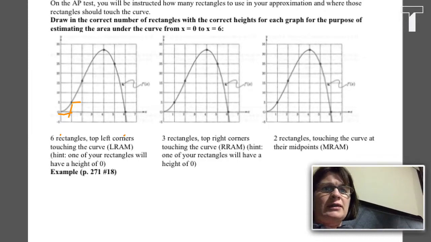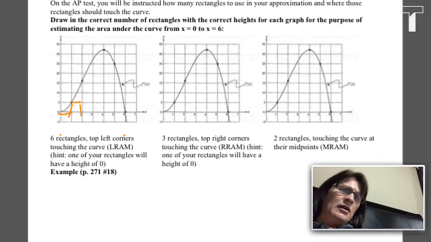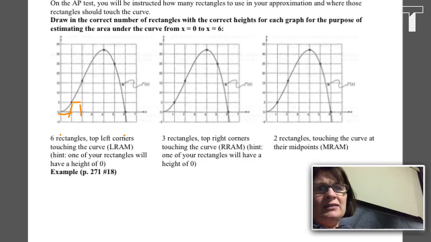Draw this in so it looks like a rectangle. Alright, so the rectangle that covers 2 to 3 should have a height that matches the function value at 2. Here's the rectangle at 3. At 4, notice this rectangle.